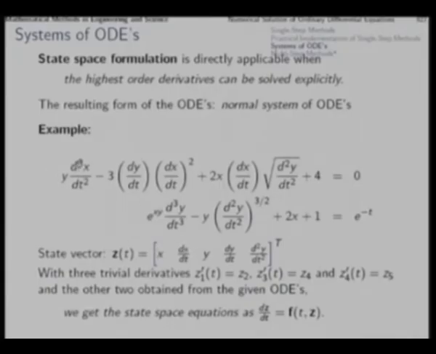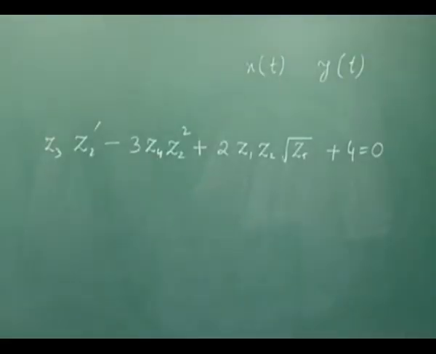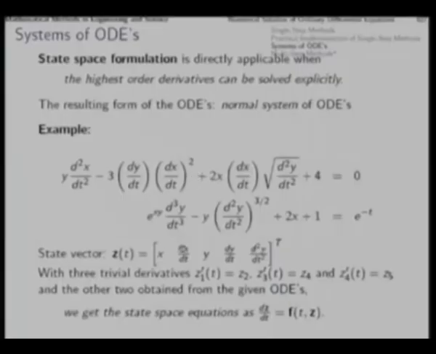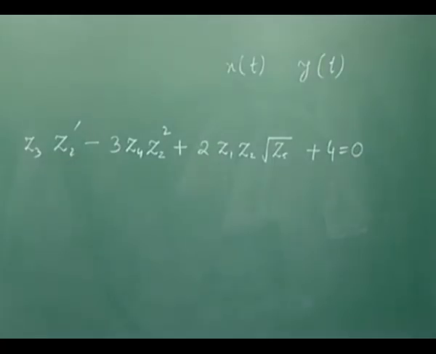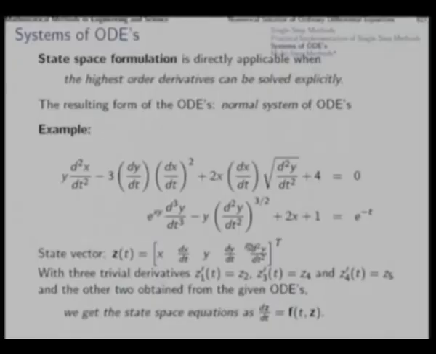Then this second derivative is z2 prime, that is prime of this, minus 3, then dy by dt, that is z4. Then we have dx by dt whole square, that is z2 square, plus twice z1, and then dx by dt, which is z2, and then square root of this, which is z5. So, square root of z5 plus 4.